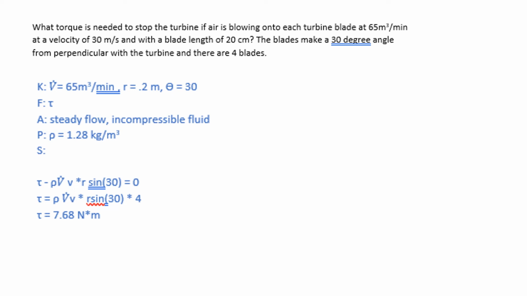So that is equal to 0. There's no accumulation. We can move that over to the other side and solve. And don't forget to multiply by 4 because there are the 4 blades. And you can see your final answer there.